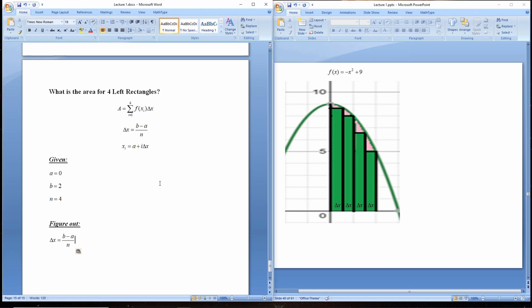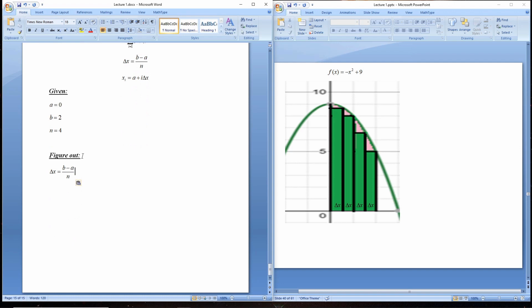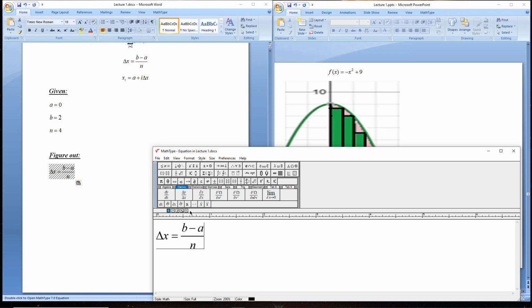So delta x is the best place to start. That's easy enough: b minus a over n. We can see b is 2, a is 0, and n in this case is 4. And so we have a delta x that's a half, 2 over 4.